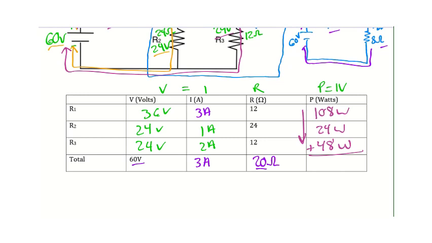So we need to add it all up. 108 plus 24 plus 48 is going to add to 180 watts. Now we need to make sure that we multiply to get to the same thing.